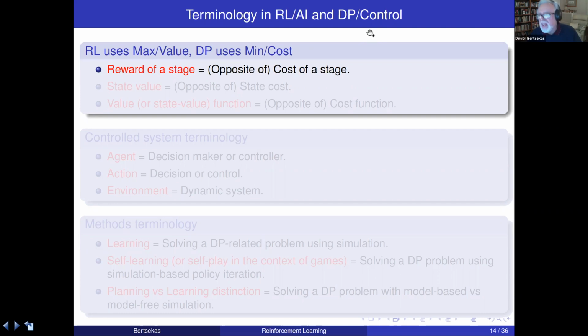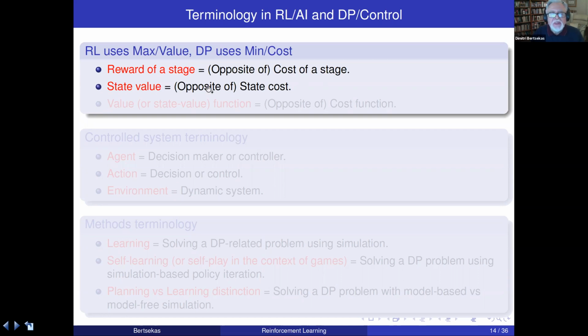There's a more extensive one in your class notes. One difference is that reinforcement learning uses maximization, maximizing value, whereas dynamic programming uses minimization of cost. In reinforcement learning, people talk about the reward of a stage, which in decision control terms is the negative of the cost per stage.